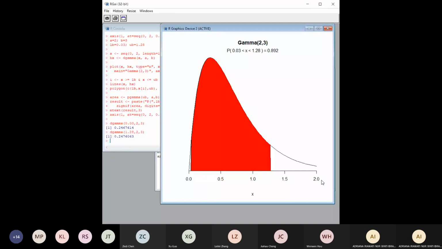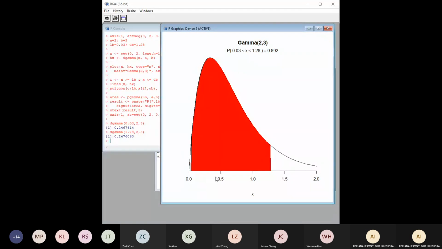Meaning that the density inside is going to be higher than the height of the graph outside of the red area. So that's why we can be sure that this is an HDR, a highest density region.